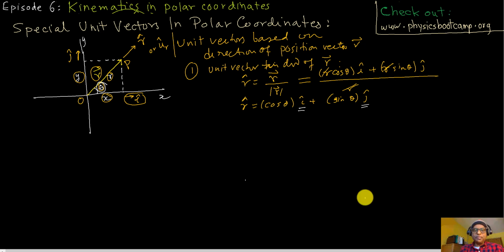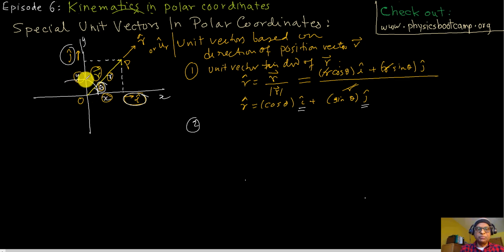Now the second vector that I want: I want to replace the use of these two vectors, so I need two vectors also. Normally you want another vector that's independent of the direction of r hat, and the normal thing to do is get it at 90 degrees, and the convention is in the direction of increasing theta.